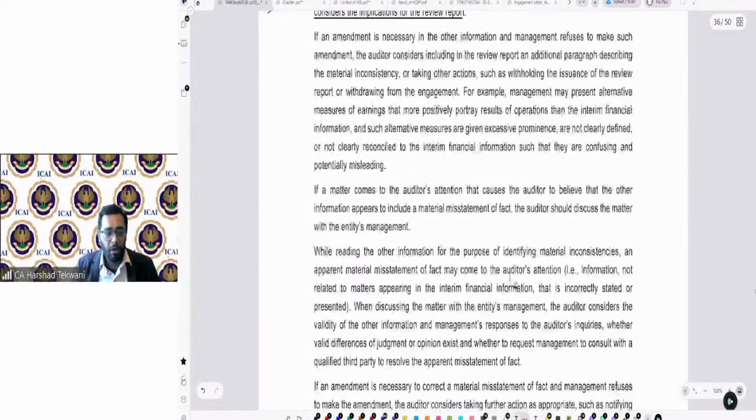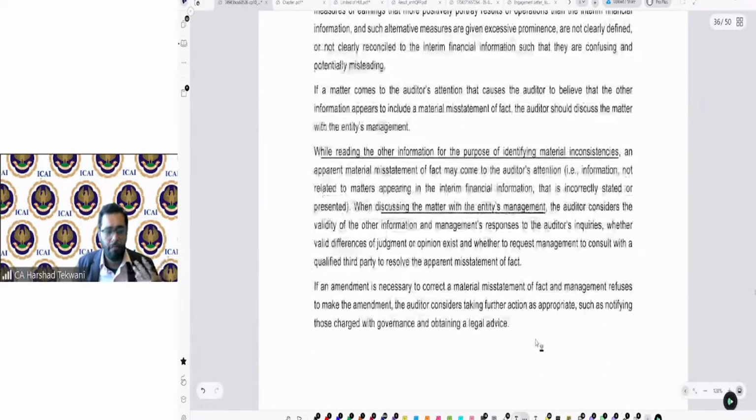So while reading the other information, if the auditor identifies a material inconsistency, then what should the auditor do? Discuss the matter with the entity's management, and all the required details are required to be made over here.